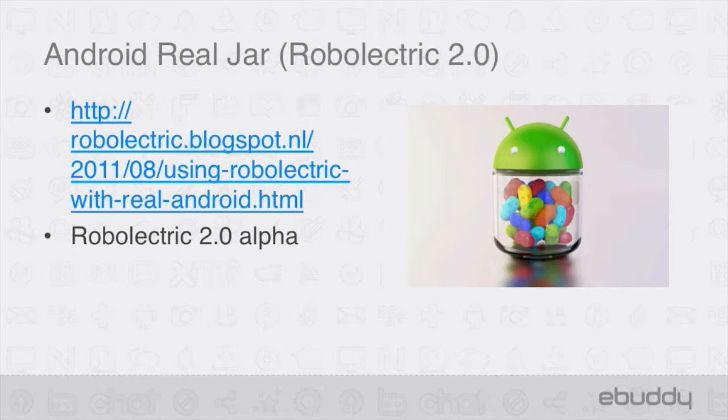And good thing that Robolectric guys, influenced by Square, actually started a new approach. So they 2 months ago released alpha for 2.0, which use this approach. Like they try to use as much as possible Google code. So they try to avoid writing all shadow classes, all shadow implementations, and they try to use as much as possible Google implementations.